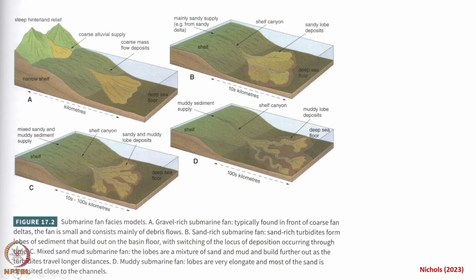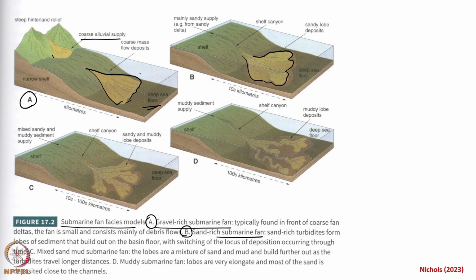Let us look at the different submarine fan facies models. The first one is a gravel rich submarine fan. Here, coarse alluvial supply gets deposited on the land and also continues on the deep sea floor as a single unit. Sand rich submarine fan: here the spread is more vast and the different lobes and sublobes can be seen, which is in contrast in geometry to the gravel rich submarine fan.